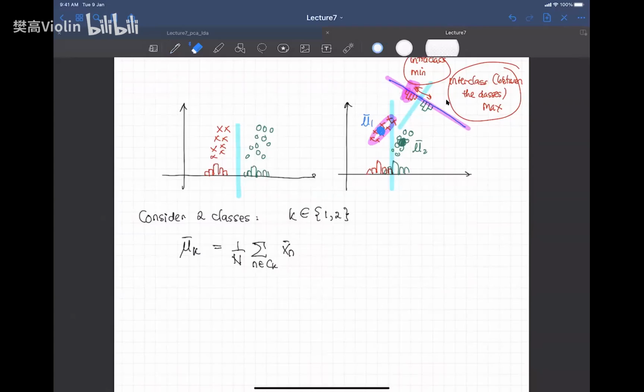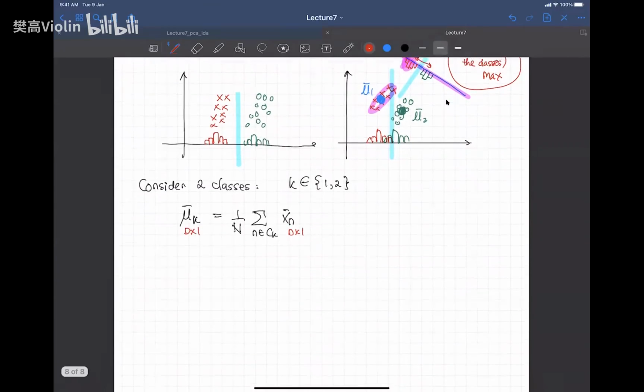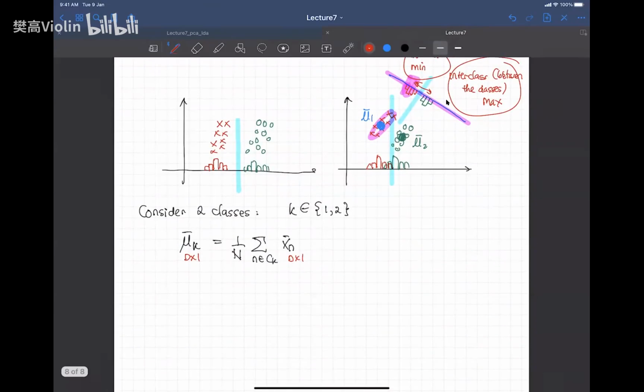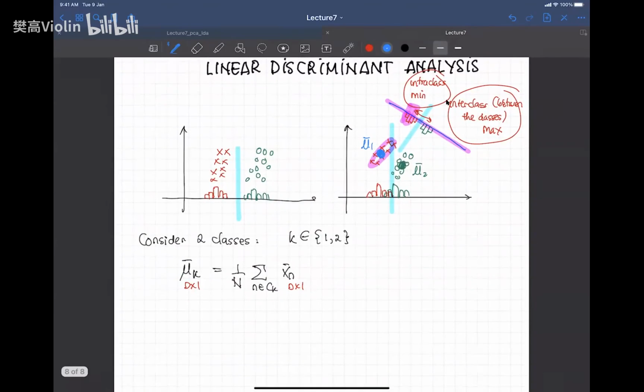Anyway, if you look at the dimensionality, this one is d by 1. And we want to project this mean onto a blue line.